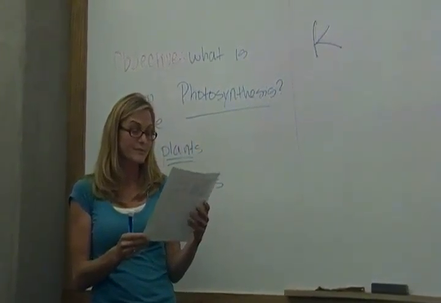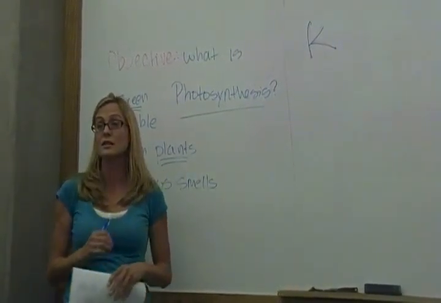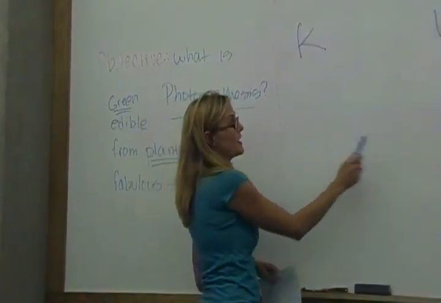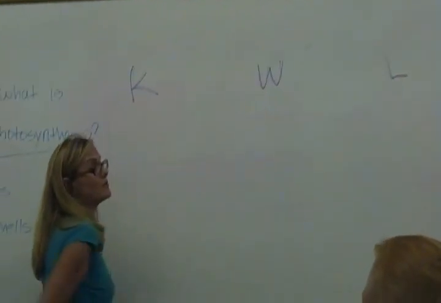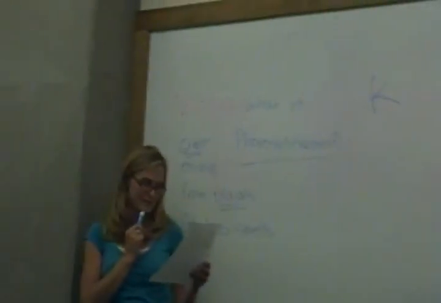So let's start class by working on a KWL. What do we know and what would we like to know about photosynthesis? Why don't you take a moment and talk over with your partner some ideas that you have about photosynthesis, and then I'll take thoughts and write them on the board. Just take a minute, discuss with your partner anything you know about photosynthesis or would like to know.